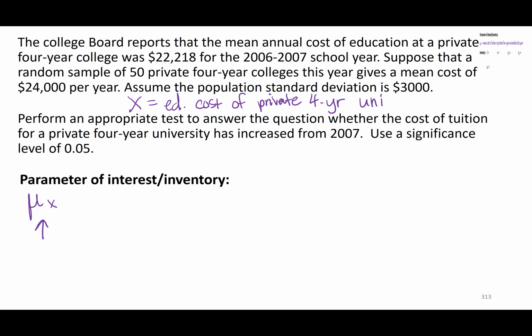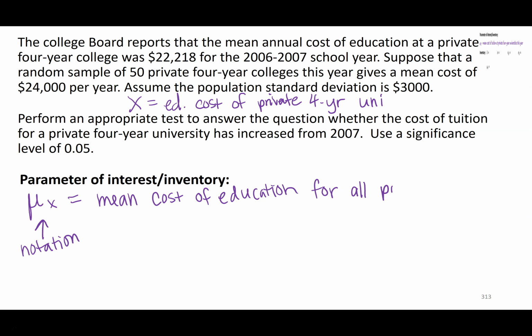So here's my notation, it's mu. And then, very important, my description and context: it's going to be the mean cost of education, and it has to be for the population, so for all private four-year colleges today.